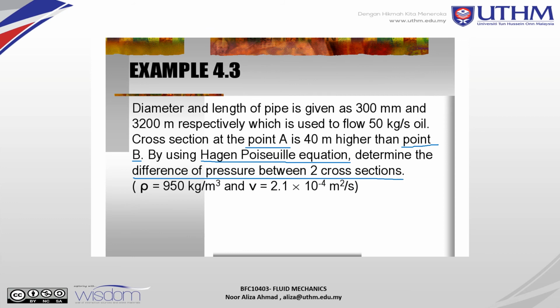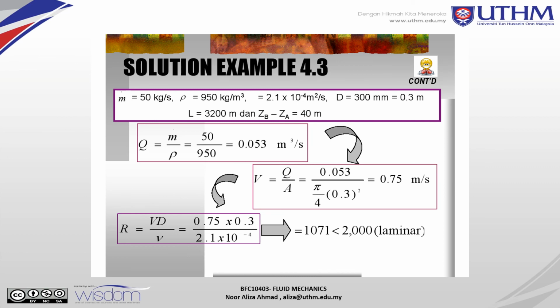Using the Hagen-Poiseuille equation, determine the difference of pressure between two cross sections, point A and point B. These are the values given in the question.